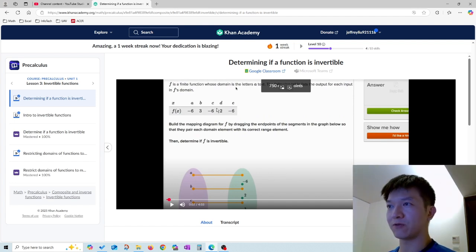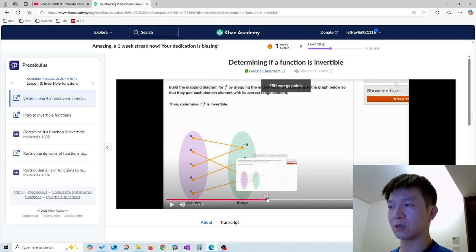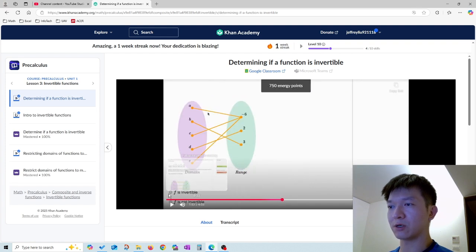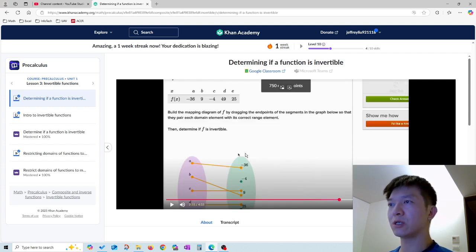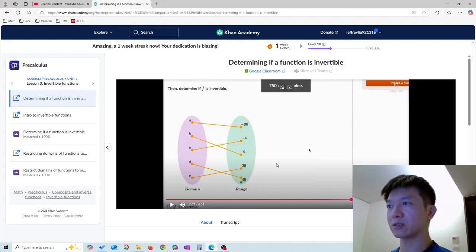So the first one is not invertible, right? f is not invertible.